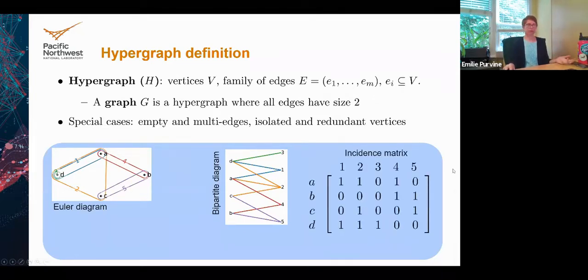Hypergraphs are also represented by an incidence matrix where the vertices are on the rows and the edges are on the columns. So every edge contains the vertices for which there's a 1 in the column. Of course, graphs have an incidence matrix as well, but in a graph, you have a restriction that every column has to sum to exactly 2. Every edge has 2 elements.